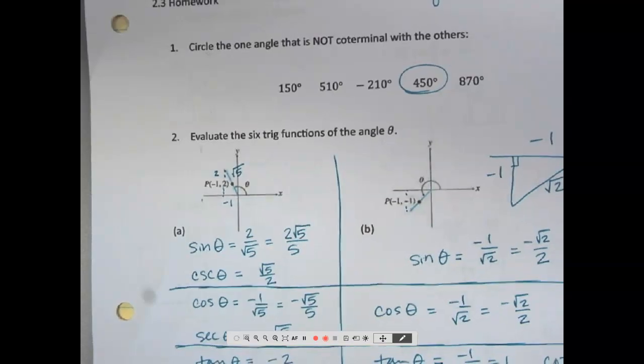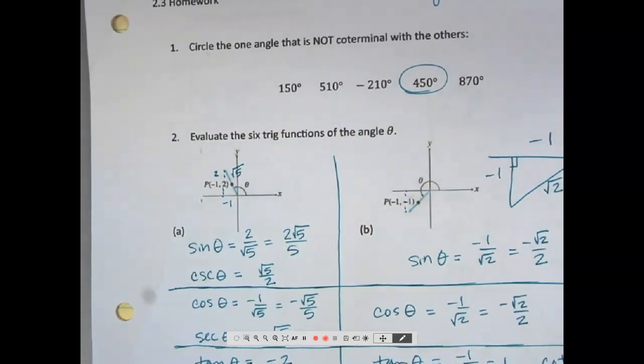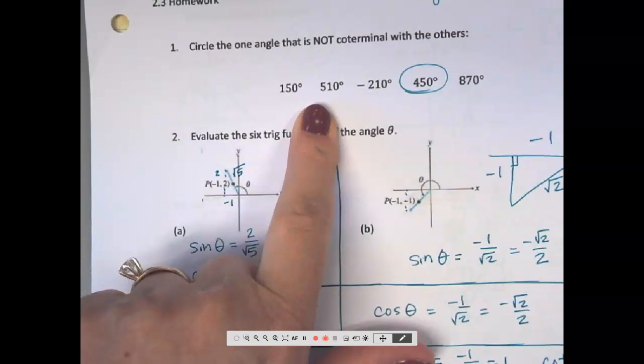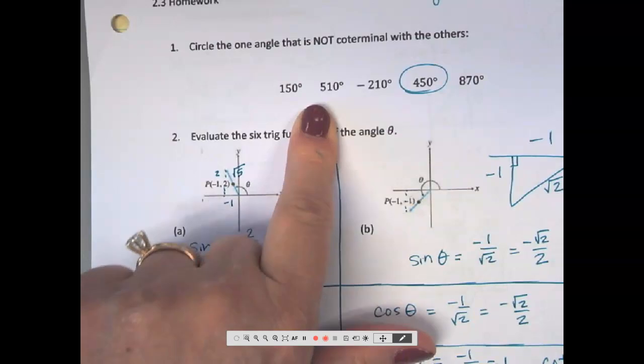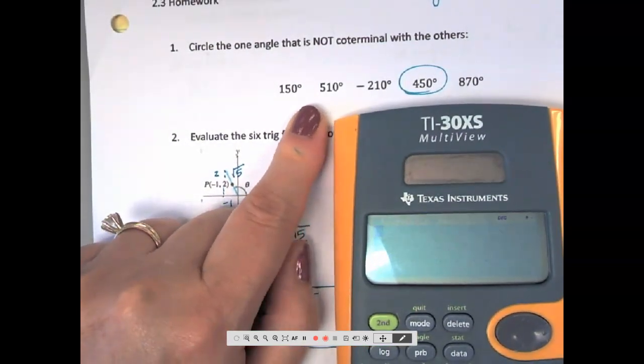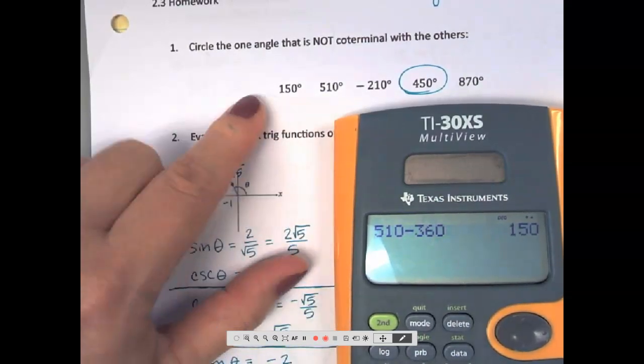Nobody? Okay, what I would do is probably take the ones that were larger than 360, and I would subtract 360 from it. So I would say, all right, 510 minus 360 gives me 150.